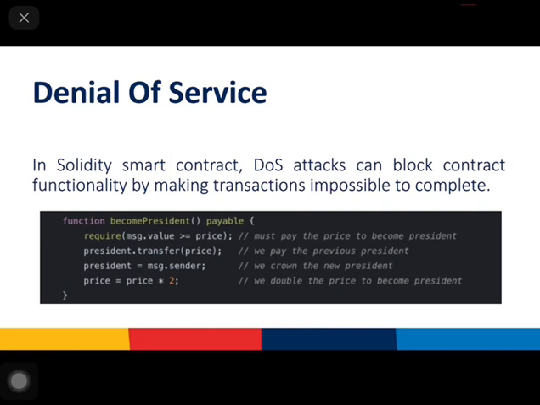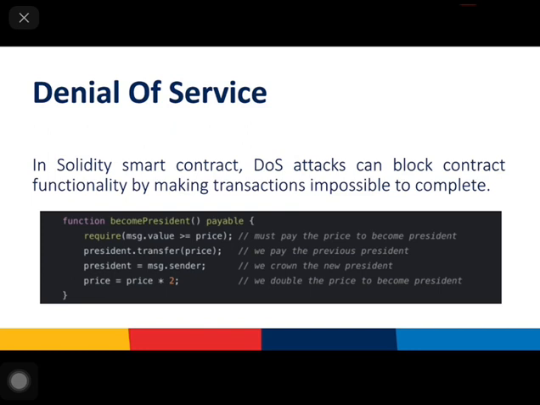Well, in this page, I want to talk about denial of service. In selected smart contracts, those attacks can block contract functionality by making transactions impossible to complete. For example, an attacker can use the rules of the contract, such as the highest bidder in an auction becoming president, to maintain the president status by sending a series of tiny transactions.